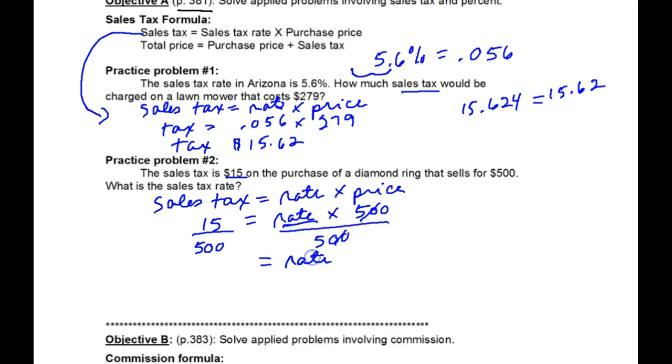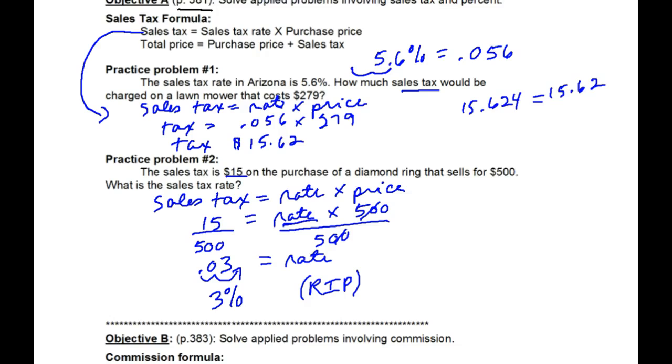Remember, rate is percent. 15 divided by 500 is 0.03. So now we're going to go out of the decimal into the percent. It's a decimal right now, so we're going to take our decimal point 2 spots to the right, and we're going to have a rate of 3%.